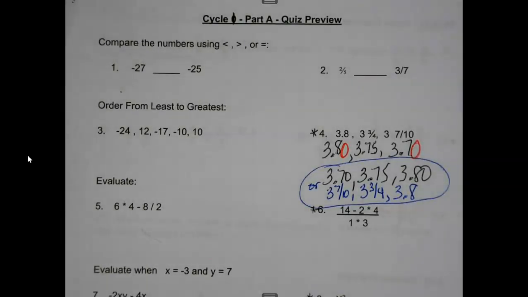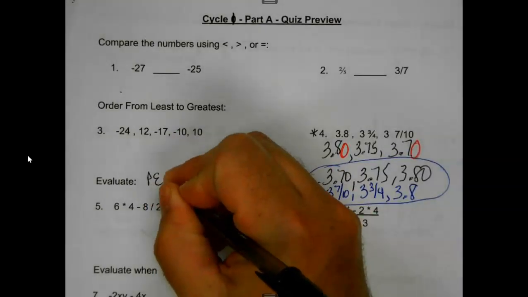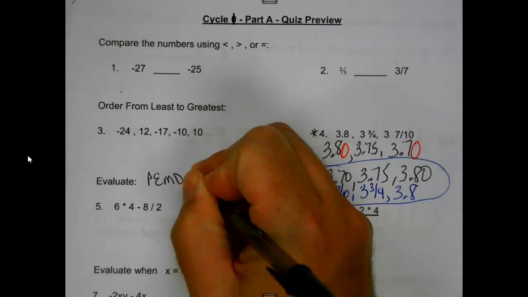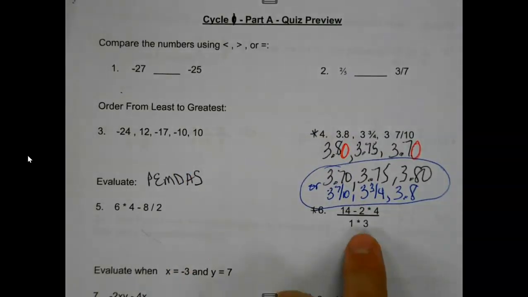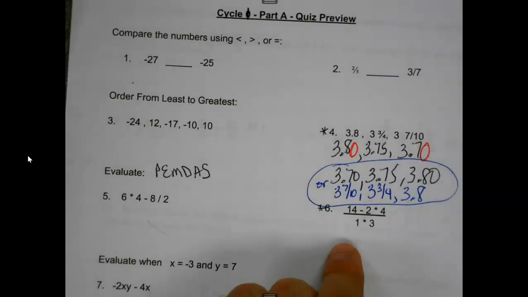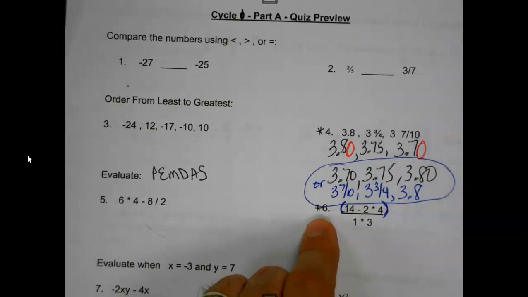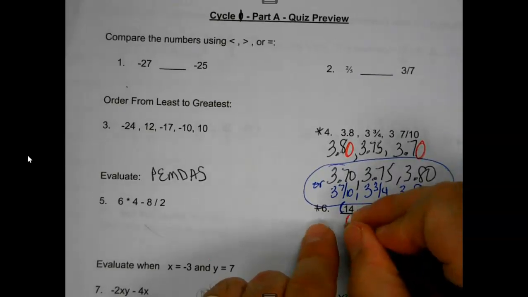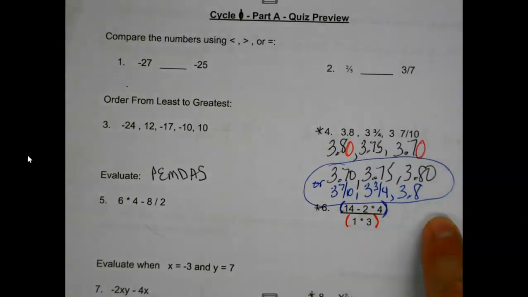On the evaluate part, now I can do most of this on my calculator. Remember, if you're not going to do this on your calculator, doing order of operations is helpful, but the reason I chose number 6 is because when that big old bar is in there, and I think we talked about this a little earlier, if you're going to the calculator, even if you're not, I want to do the top by itself, the numerator.